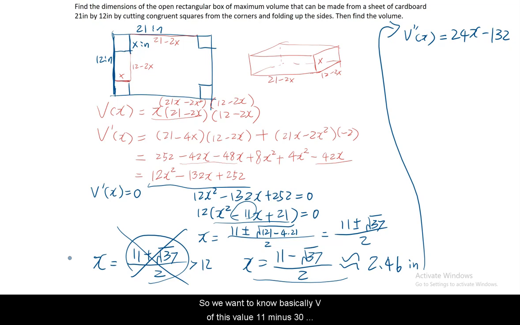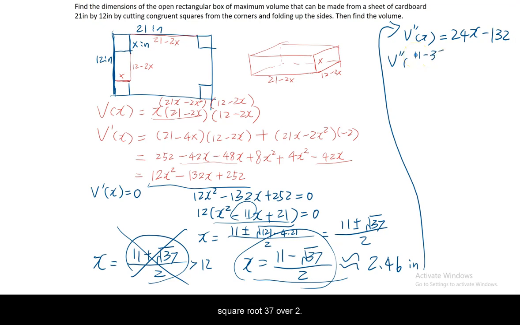So we want to know basically the second derivative at this value, 11 minus square root of 37 over 2. Well, I will just plug in 2.46 and see what happens.